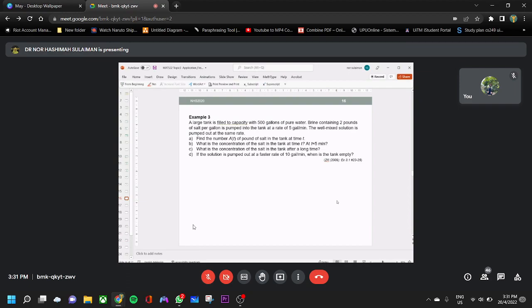I think 30 years back when I was in the States, memang dia masih menggunakan gallon. Hopefully sekarang tak tukar unit ni. Tangki ni dia punya capacity is filled to capacity with 500 gallons of pure water.